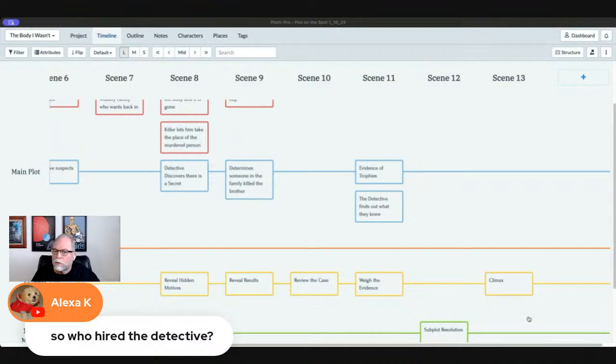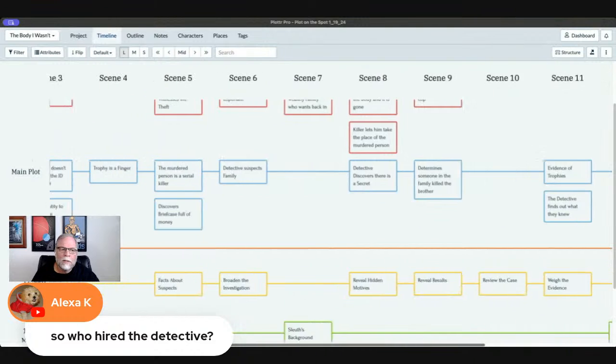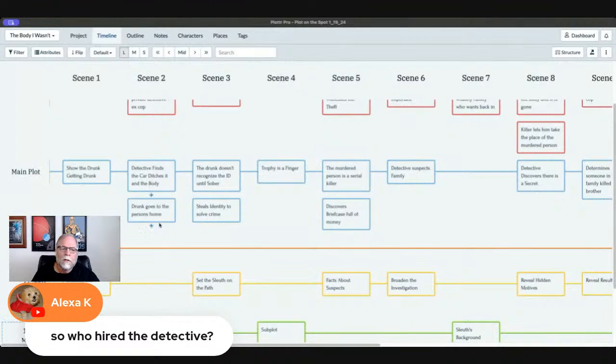Now we could introduce a new character, perhaps, or the mother hired the detective. That's actually a great idea. So let's go back into our plot and let's resolve that back here. Let's see. Some of these don't fit 100% at the moment, but we'll change that in a minute.